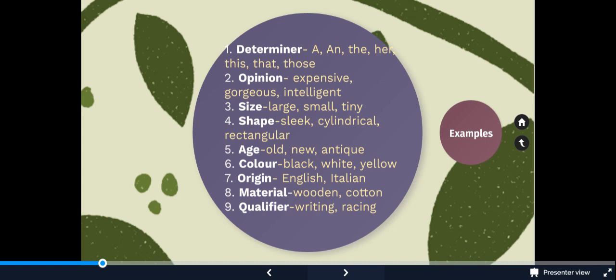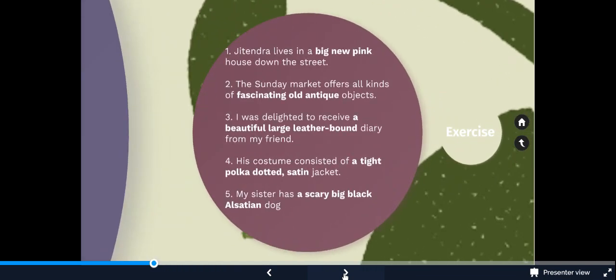Let's look at a few examples. These are examples taken from your textbook, English Made Easy. First sentence: Jitendra lives in a big new pink house down the street. What are the adjectives given in this sentence? Yes, big, new, pink.